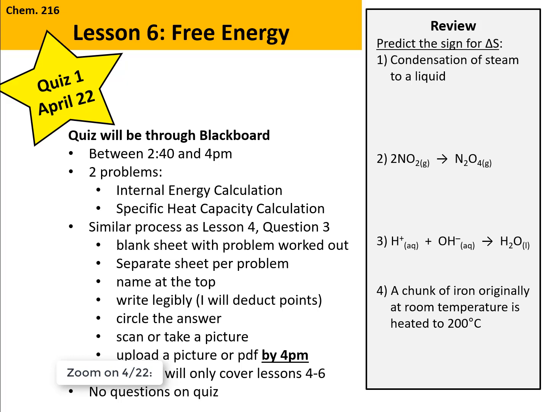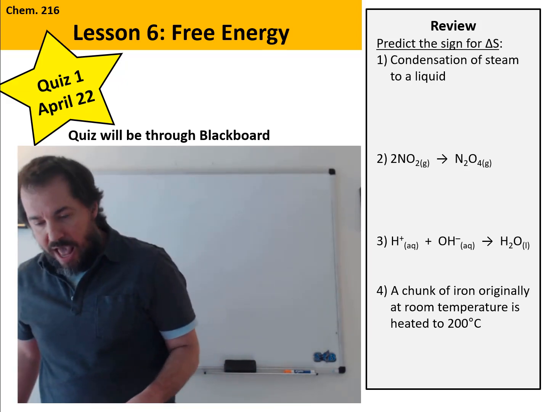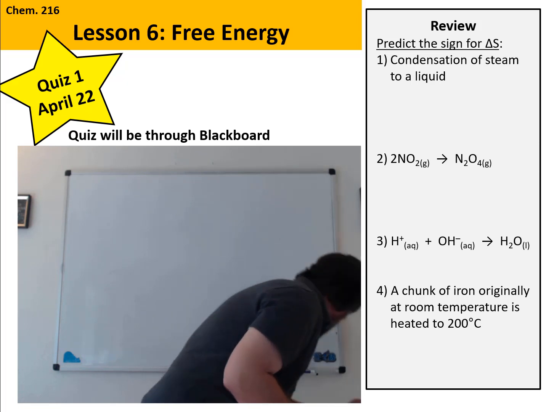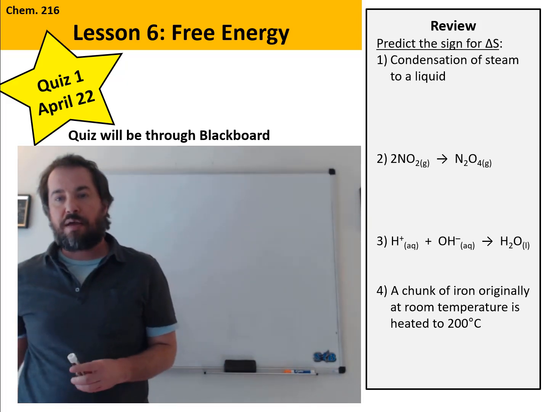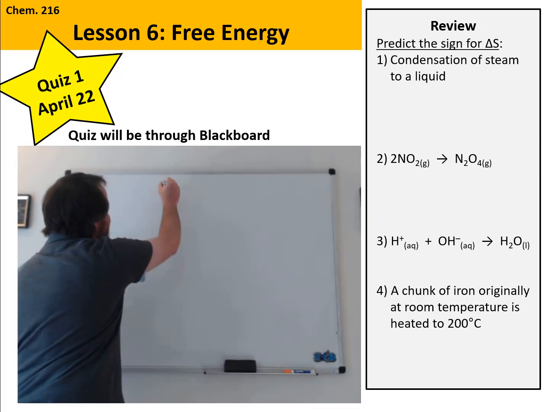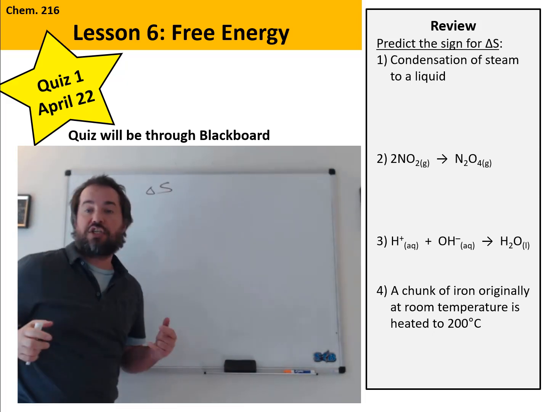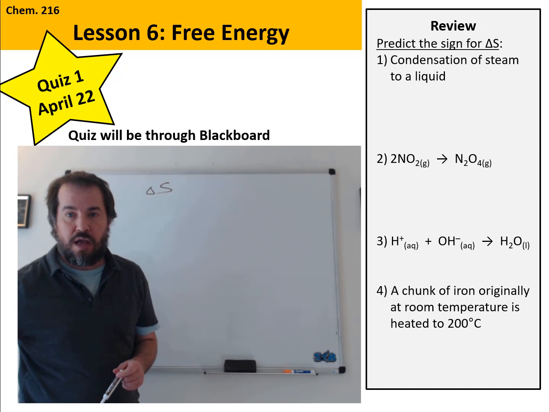Okay, so we have a little bit of a review here. This is of last lesson, which is on entropy. Entropy, remember, is disorder. So if we are talking about disorder, S, a lot of times we're talking about delta S, the change in disorder for a reaction.